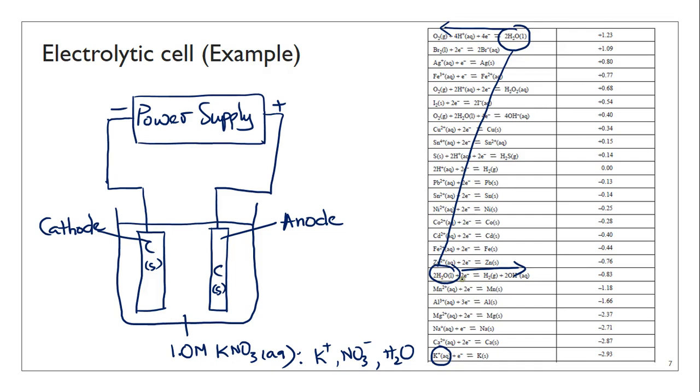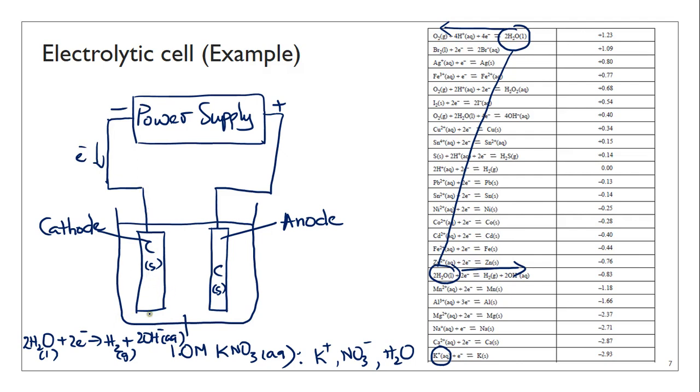So this is reduction. At the cathode, what you're going to have is H2, this reaction. So you're going to have 2H2O gaining 2 electrons from the power supply to turn into H2 gas and 2 OH minus. Essentially, electrons from the power supply are going to go in here.